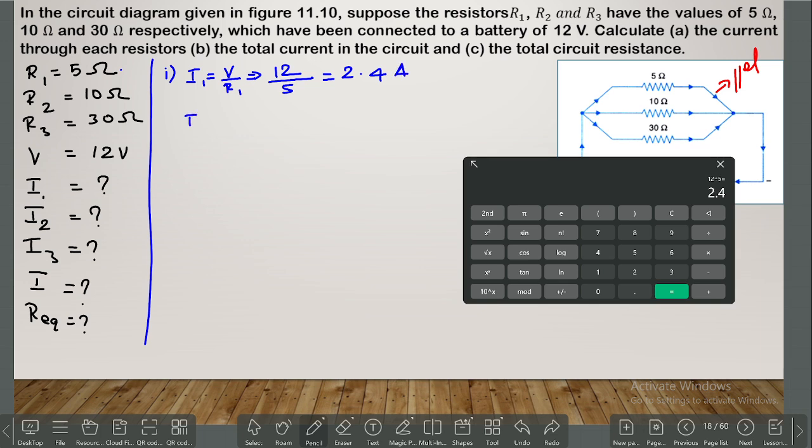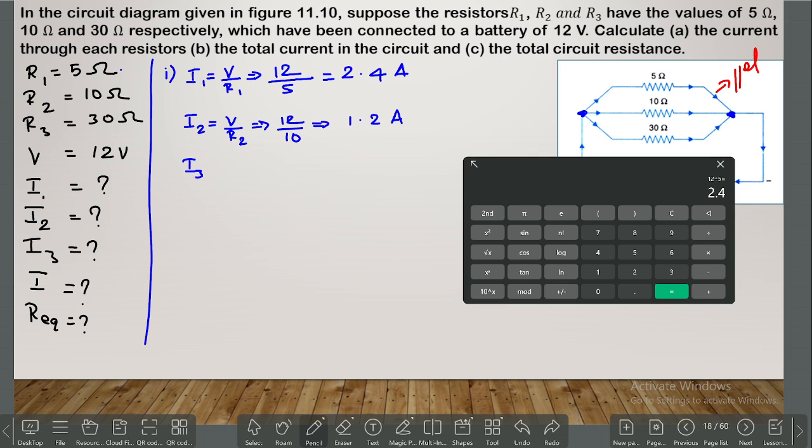Like that, calculate I2. I2 is equal to V by R2. What is the value of V? 12. Why do we take 12 for all the resistors? Because in a parallel combination the potential difference remains the same. So V by R is 12 by 10, which is going to be 1.2 ampere.